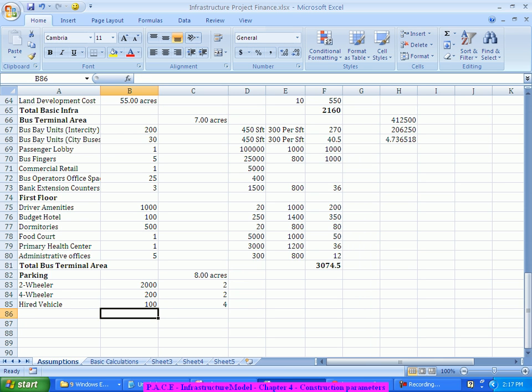So 8 acres are utilized, and you are just developing that space.